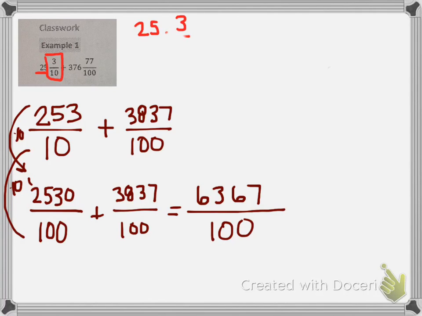So there's a start, and let's see, and then I'm going to subtract. No, I'm adding here. Yes, so I'm going to add, and what I'm adding is 376. So that's the whole number. 376, and the 77 hundredths is the fraction part, or the decimal. So 77 hundredths.